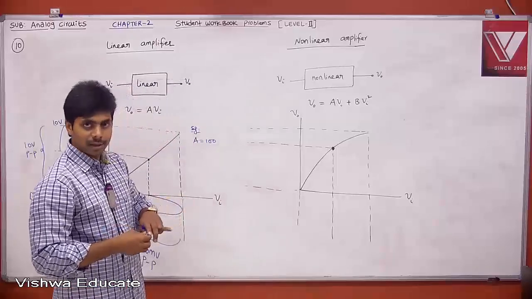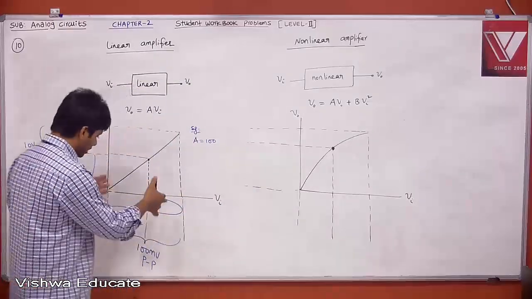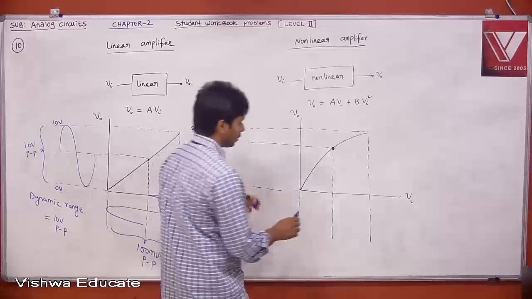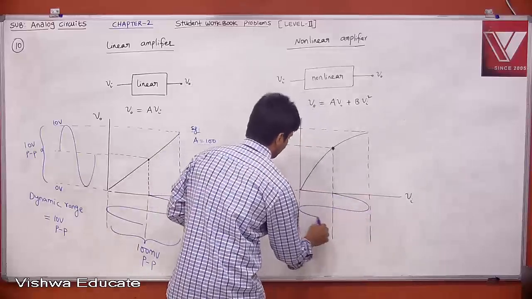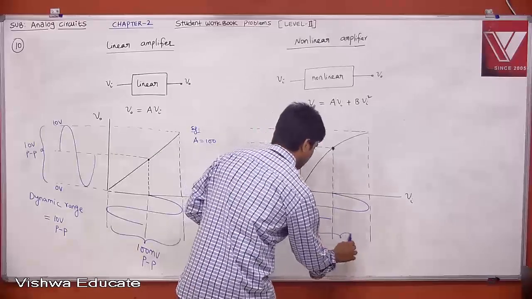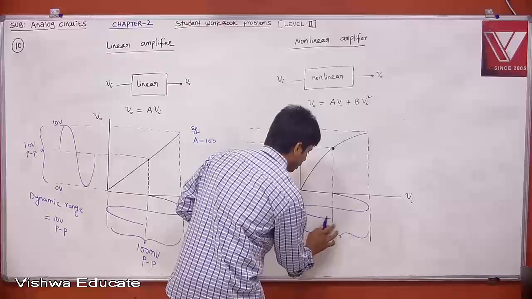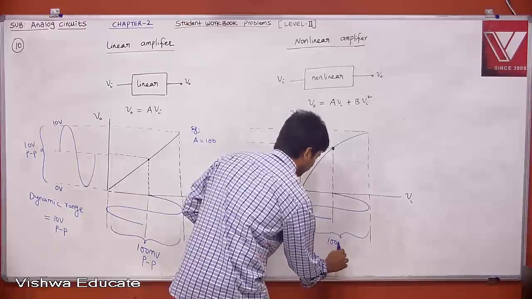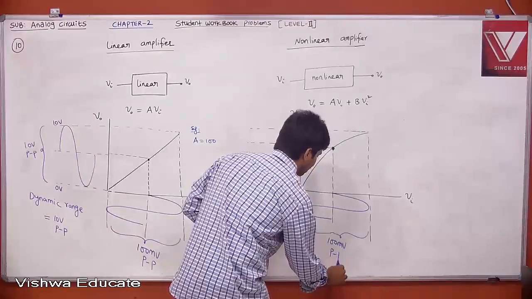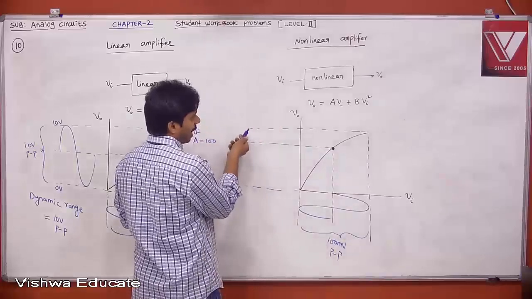If this is the scenario, then if I try to give exactly the same 100 millivolt peak to peak, what are you expecting? I'm expecting maximum, right?